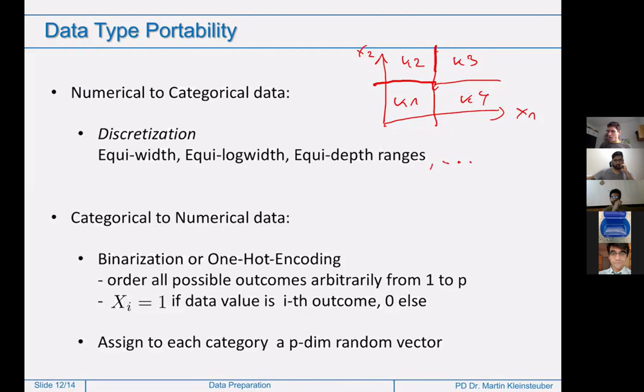More interesting is going from categorical to numerical data. So how do I come from apple or pear to some random variable in some R^k, whatever.